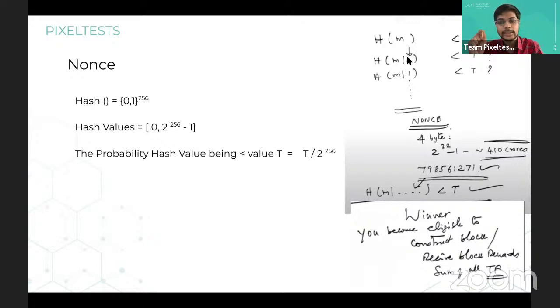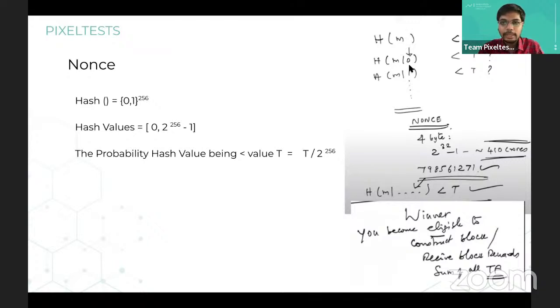And let's say the t value is going to be the deciding factor. If the hash is less than that t value, then he is going to be a winner, right? We are going to discuss this t value. But what is this number? The attempt that he is making is called the nonce.